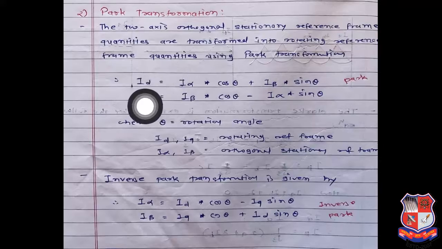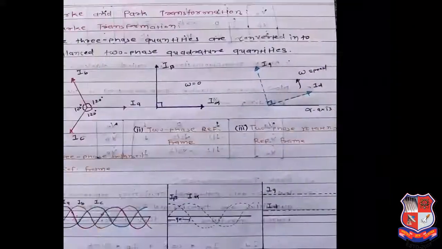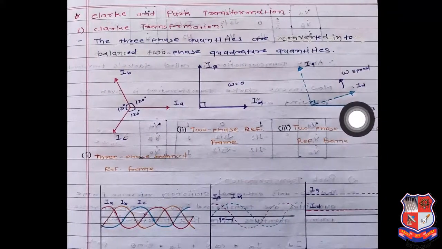It is simply given by ID is equal to I alpha cos theta plus I beta sin theta, and IQ is given by I beta cos theta minus I alpha sin theta, where theta is the angle between ID and I alpha.